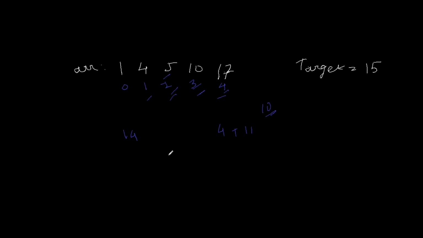So the total time complexity for sorting and doing the array traversal and binary search is order of n log n plus order of n log n, which is equal to order of n log n. And the space complexity for this approach is order of 1, since we don't use any extra space.